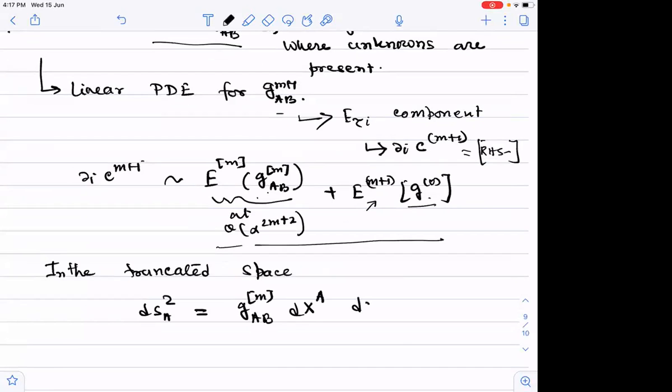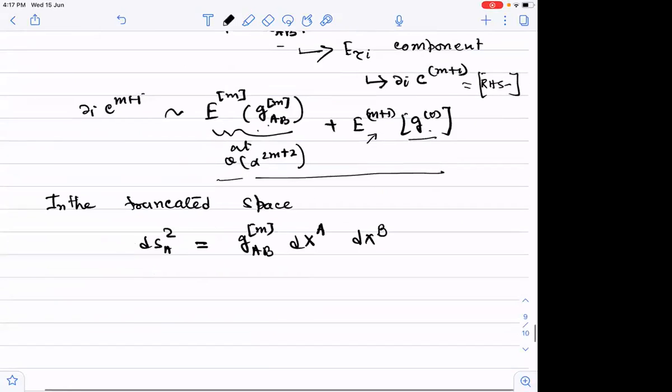Let's say the XB. In this space, it's not the real space, it's a truncated space, but in this space, the temperature is constant. The zeroth law is true, according to our assumption.